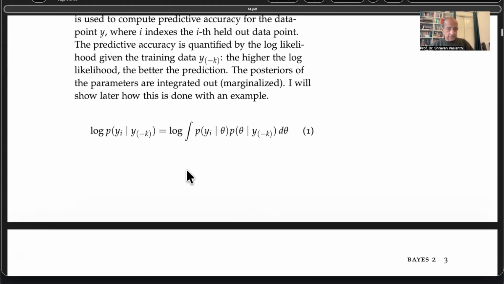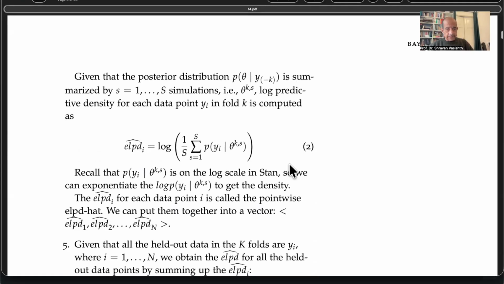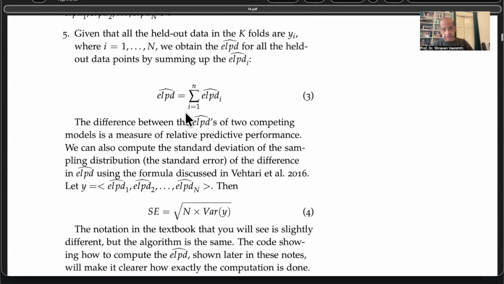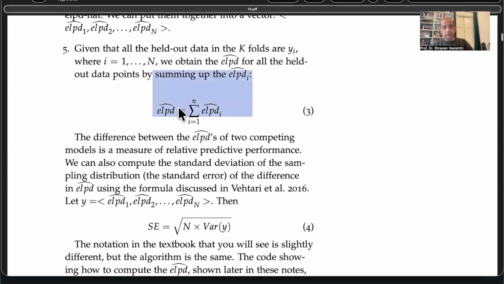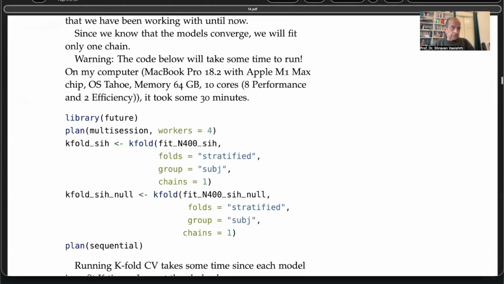Now you will see these equations playing out in Stan code and in R code, basically, right? I will unpack all these three equations so that we will end up with the ELPD hat in the end, as well as the pointwise values for the expected log densities, right? So let's go back to our page.